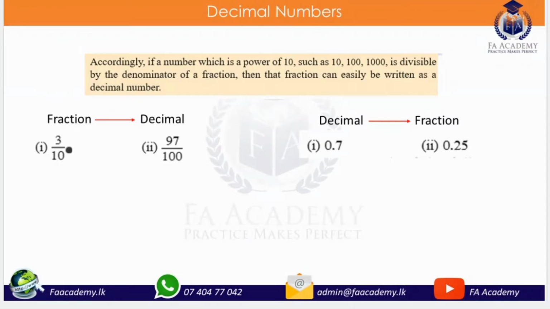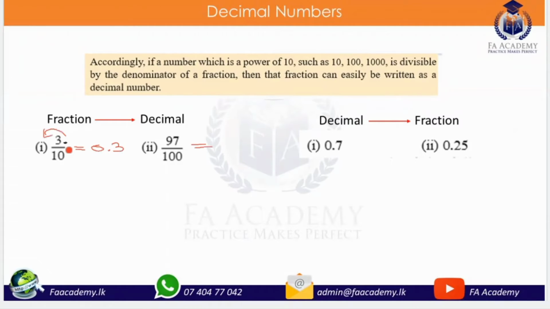You just have to count the number of zeros, how many zeros are here, and then normally the number's decimal place is behind. So you can see number 3 is on top. So that decimal place is behind. Simply when they say to divide it by 10, you have to move that decimal point backwards once because there is only one zero, right? So the answer will be 0.3.